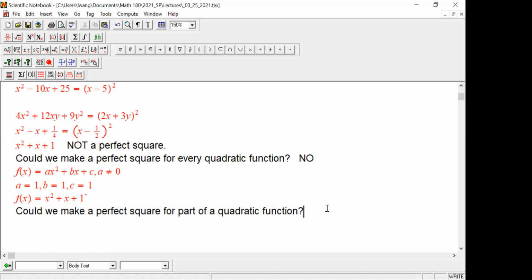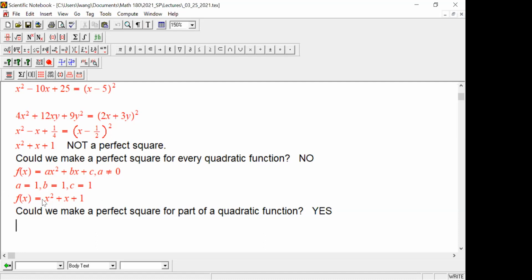Yes. That's what we're going to do. We start with something simple. So yes, we cannot make a perfect square out of every quadratic function, but maybe we can make part of it a perfect square.